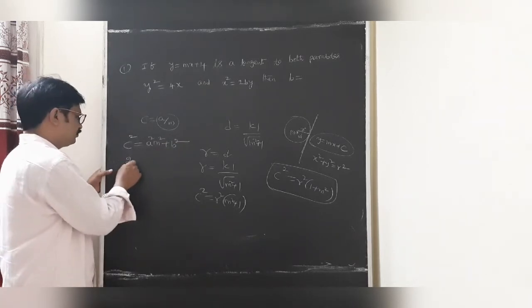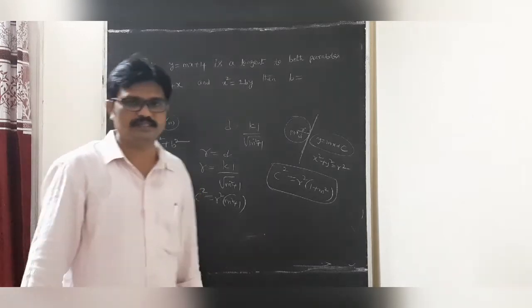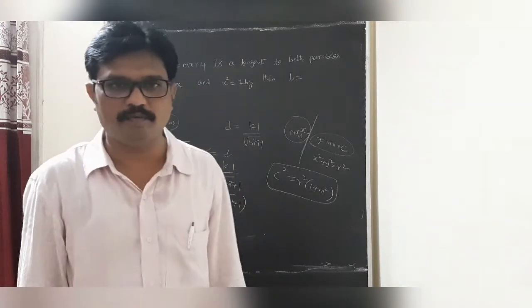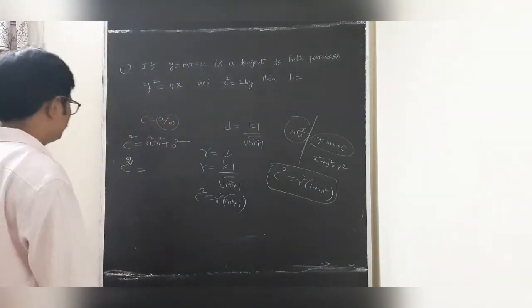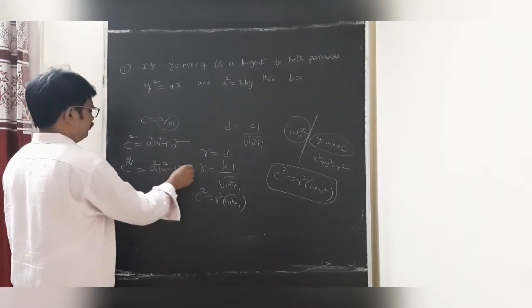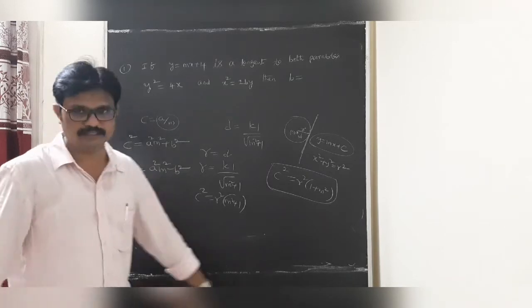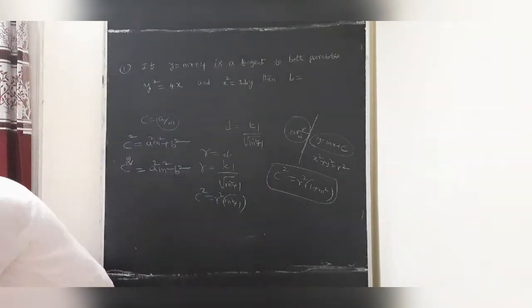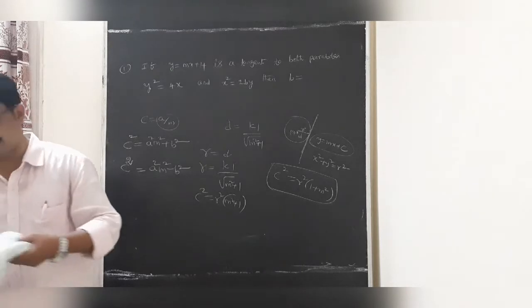The condition for the line to be a tangent to the hyperbola is c square equal to a square m square minus b square.